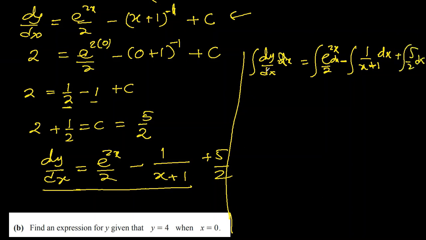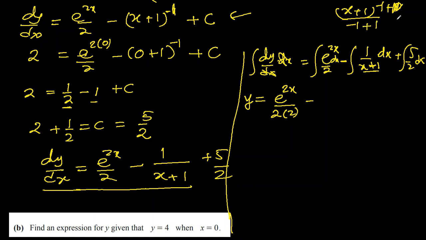Alright, this dx and dx cancel, the integration of dy is y. And they want an expression for y. Good. E to the power 2x will be integrated as e to the power 2x over 2 again. And we already had a denominator constant 2 which will not be touched, so we'll just multiply it with the new denominator. Minus, again x plus 1 can be written as x plus 1 to the power minus 1, but if I add 1 to it, it becomes 0 and we divide by negative 1 plus 1, which is 0.